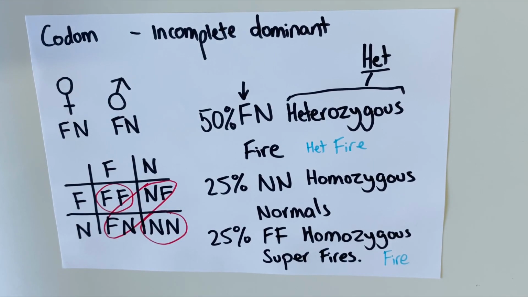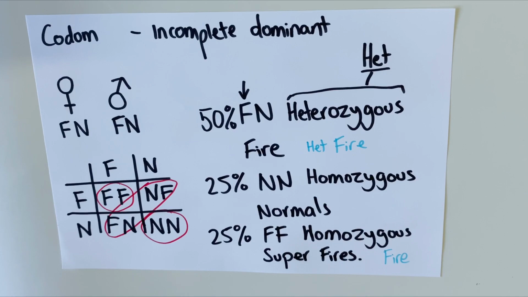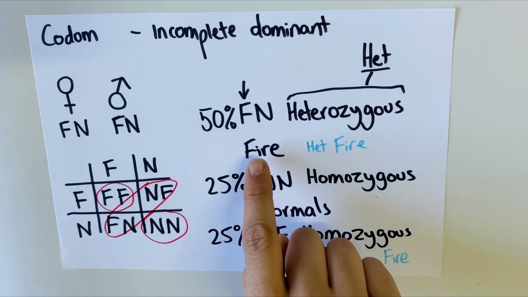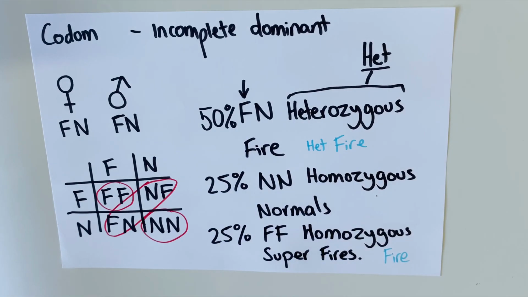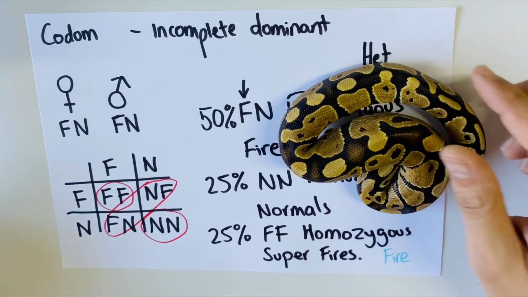Okay? And we're going to take a quick look now at what we see with these genes. So, when we're talking about the heterozygous fire, an animal that has only got one copy of the fire gene, we are looking at this animal here.